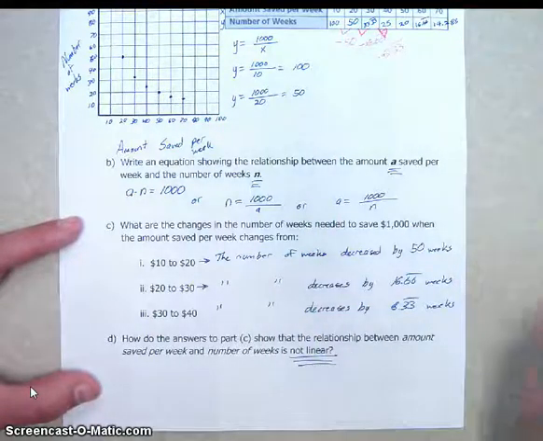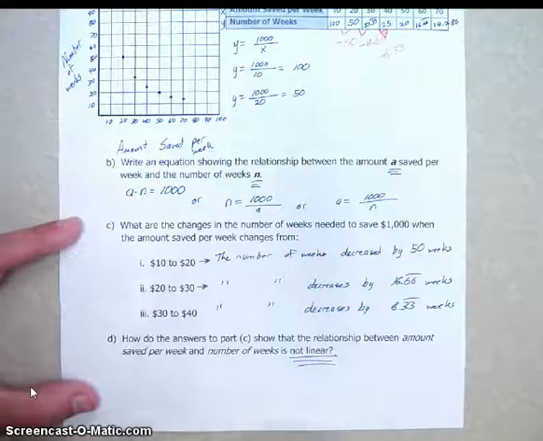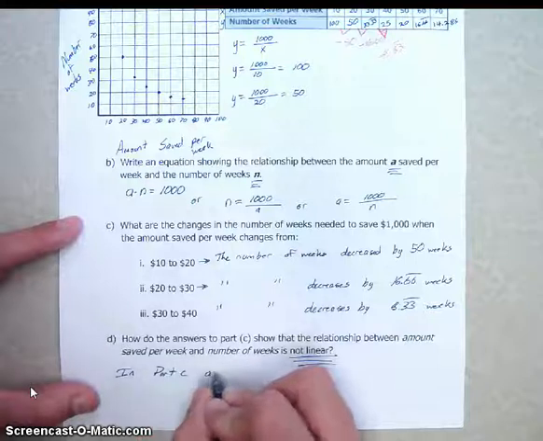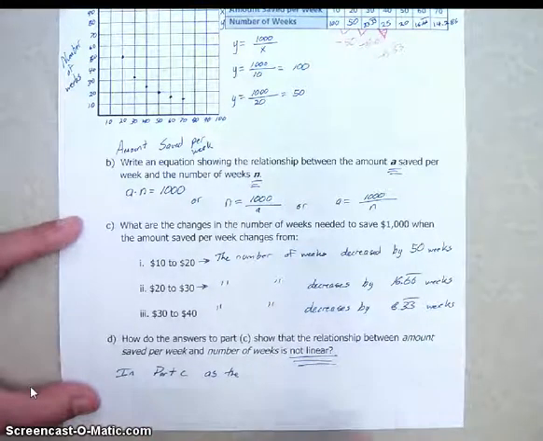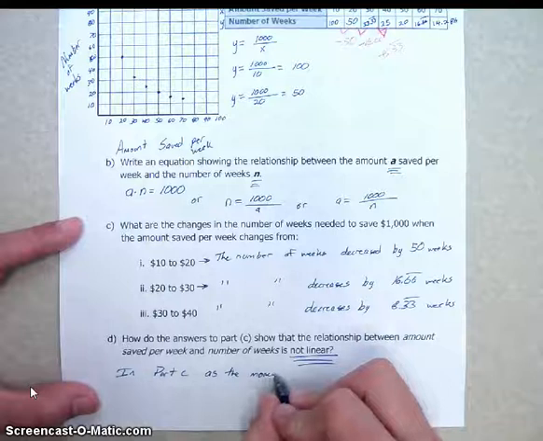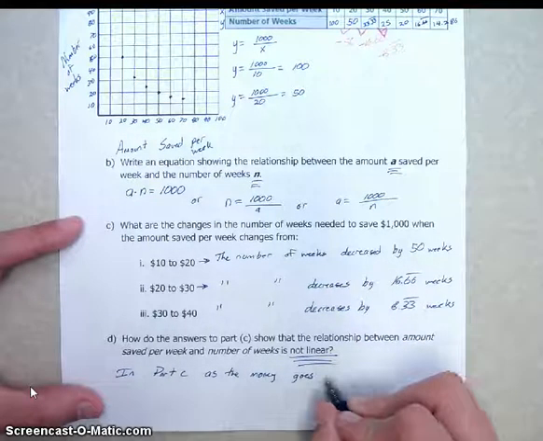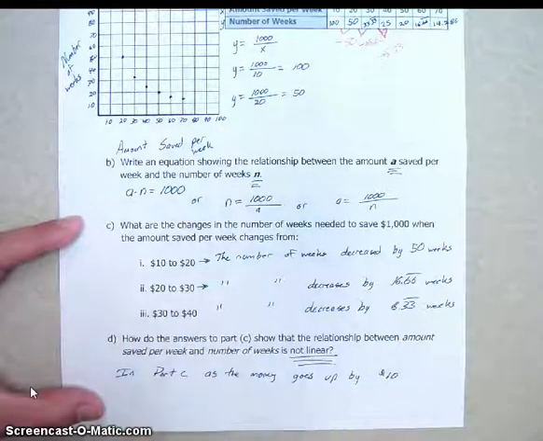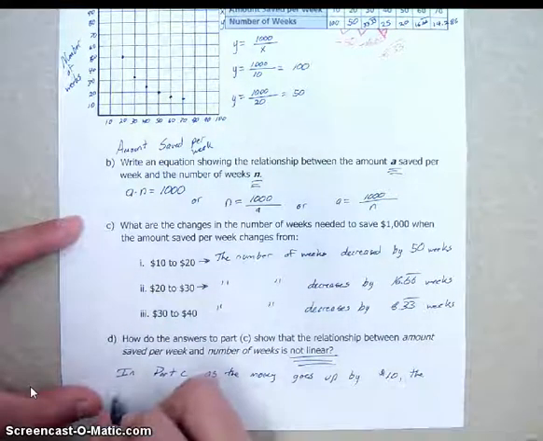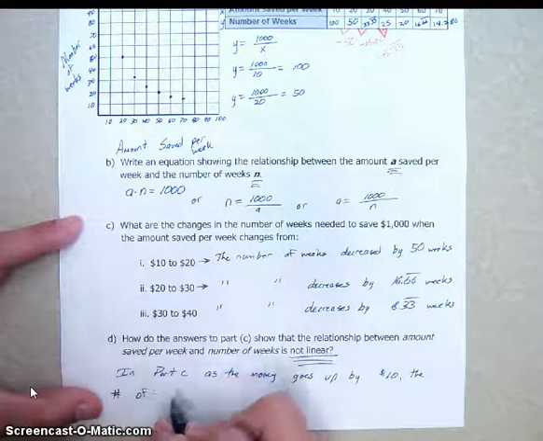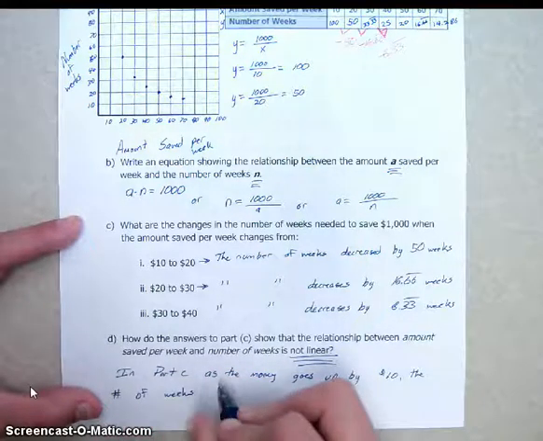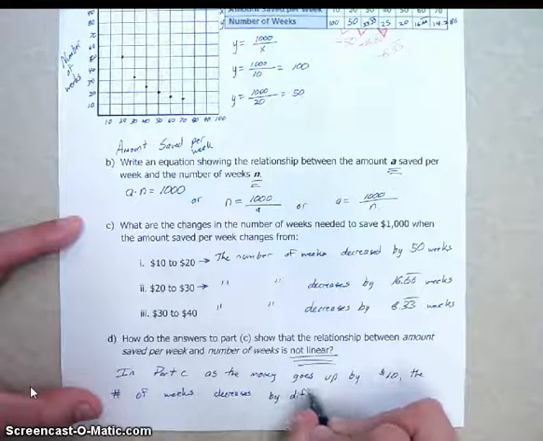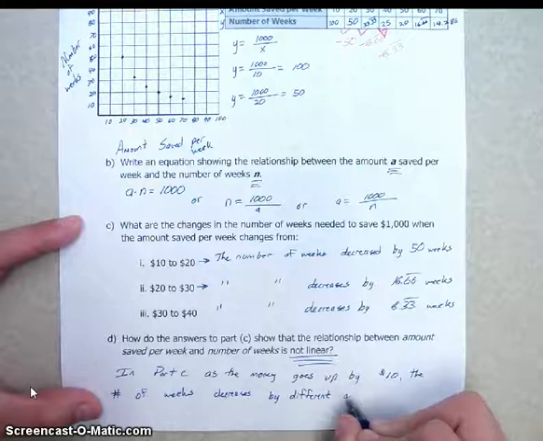That's what we just need to say in part D. This is one way you could write it: in part C, as the money goes up by $10, since we're constantly going up by $10 here, the number of weeks decreases by different amounts.